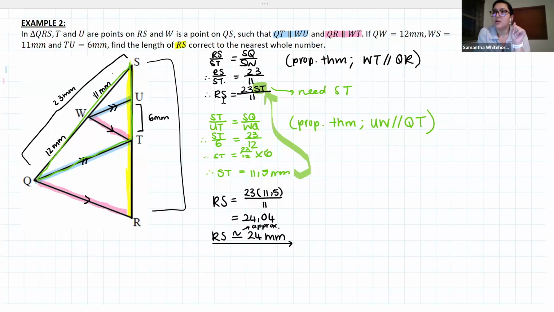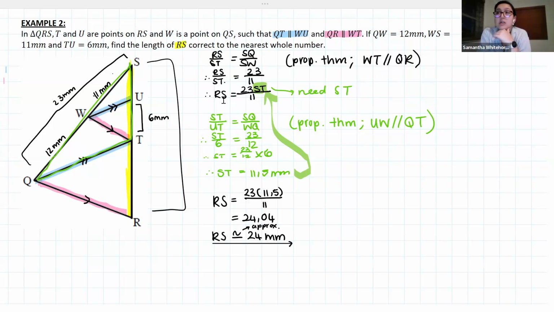This is why I like the method where you set up your ratio of what you want first, because then you're guided to what you need to figure out. I only knew I needed ST because I set up my ratio for RS. That's the only way I knew it.